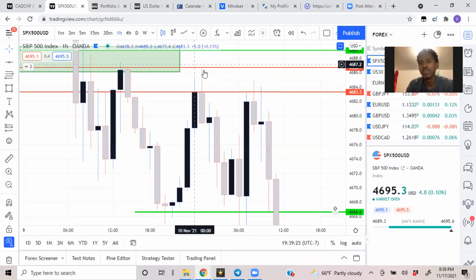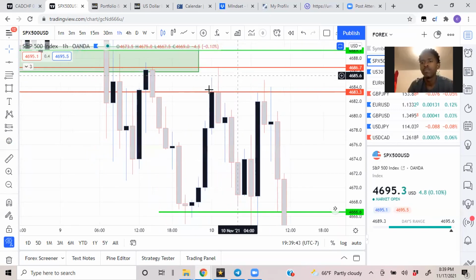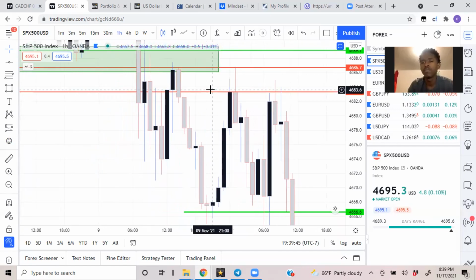That's why I like to put my support lines and my resistance lines at the end of a wick, because it gives me an idea of where the market could possibly come back to. And I look for it to come back to those areas either very soon or later on in the market. So that's why I put my lines right there.